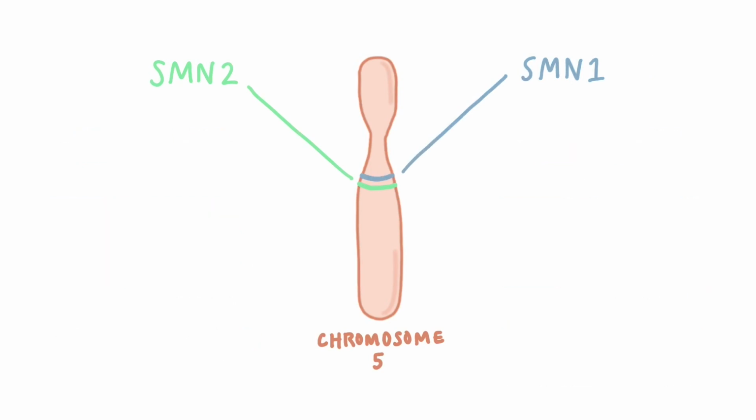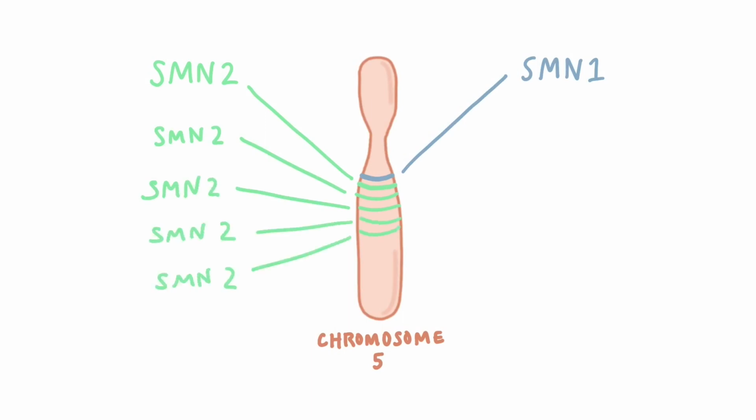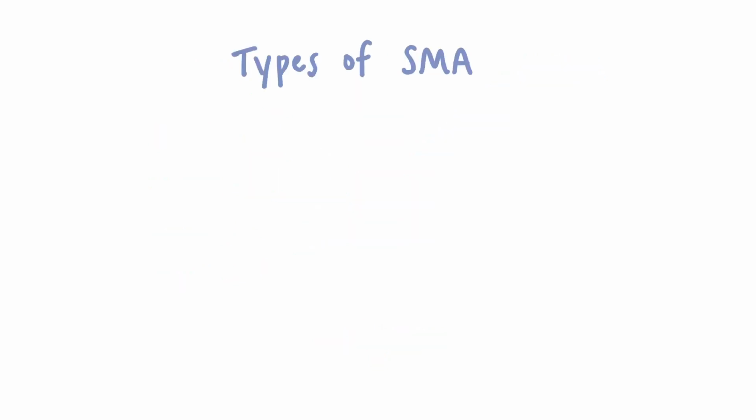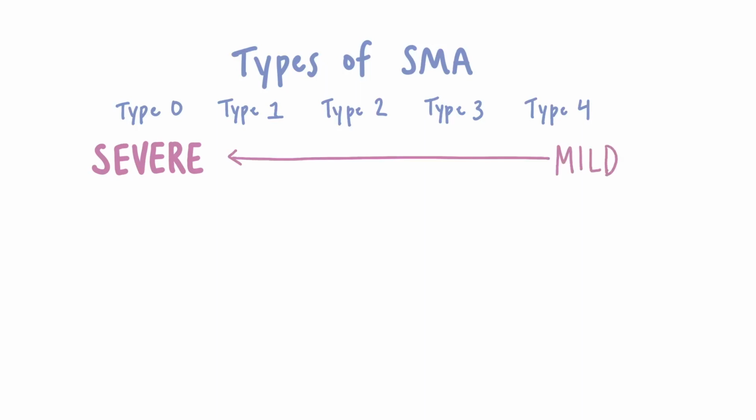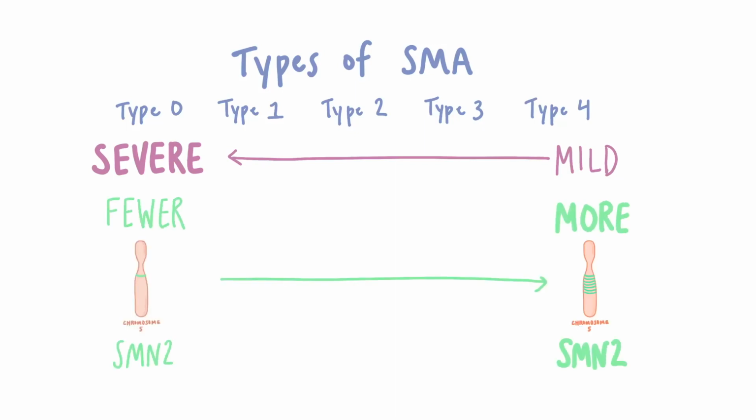However, it turns out people can have from 0 to 8 copies of the SMN2 gene, which is why varying types of SMA exist. The types of SMA range from type 0 to type 4, which go from severe to mild. The severity can be attributed to the number of SMN2 copies the patient has, ranging from fewer copies to more copies.